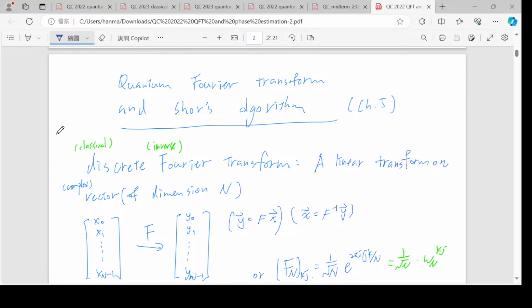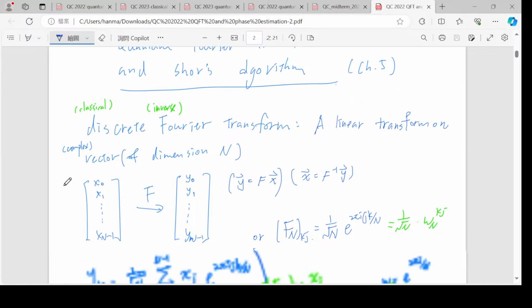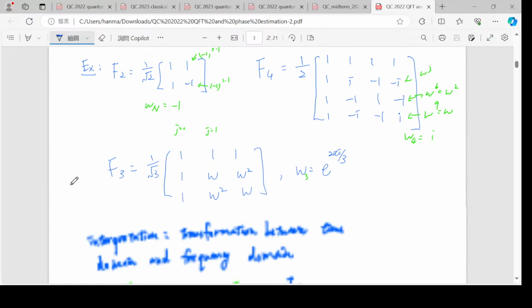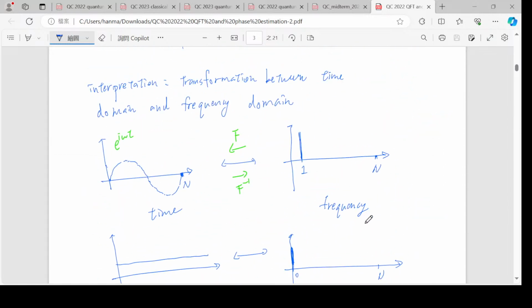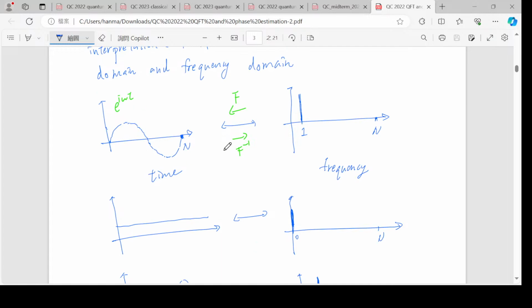And so this is a generalization of discrete Fourier transform, which is something you do even in classical signal processing a lot. The idea is you transform between the so-called time domain and the frequency domain. So you are thinking your signal is the sum of a whole bunch of sinusoidals.